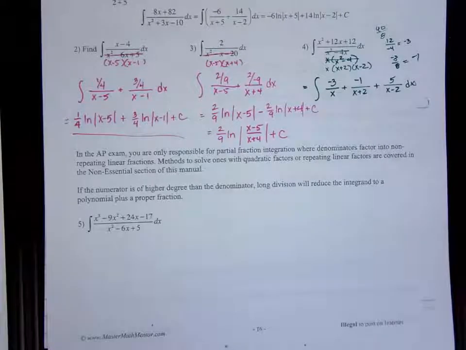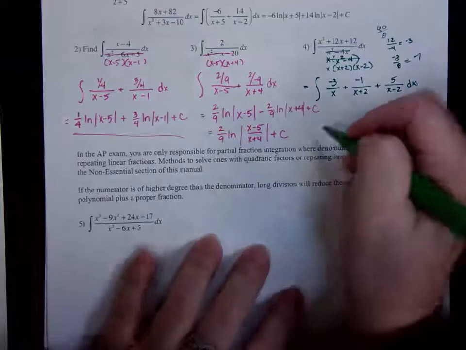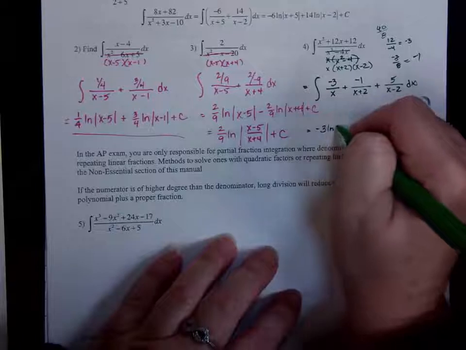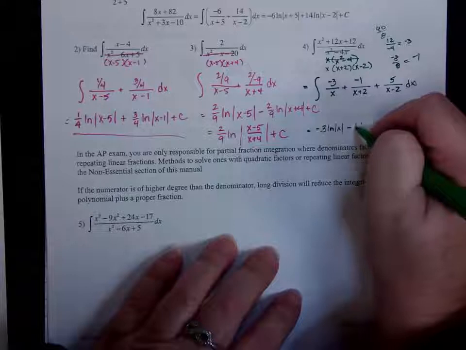Okay. Now notice that all of the factors on the bottom are just x. X plus something, x minus something. That means they're all going to just be ln's, and you bring the coefficient that's on the top down in the front. So I'm going to come down here because I'm running out of room. Negative 3 ln absolute value of x minus 1 ln absolute value of x plus 2.